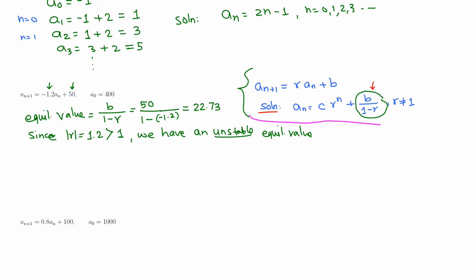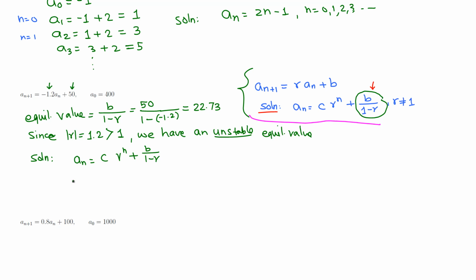Next we want to solve this system, and here is the solution. So the solution is a_n equals c, which depends on the initial term a_0 equals 400, c r to the n plus the equilibrium value, which is b over 1 minus r, that is 22.73.